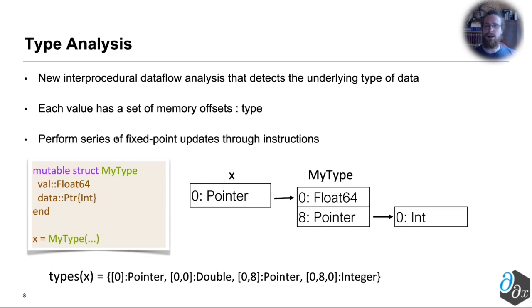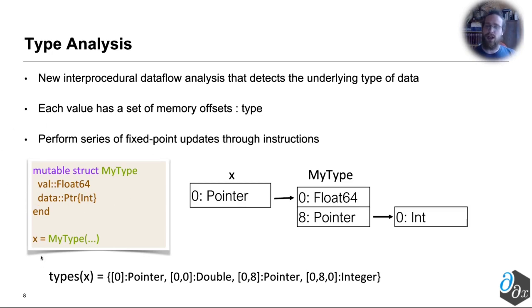So we will use abstract interpretation to establish a type through the program. Let's say we have a mutable struct, MyType, in Julia. It has a Float64 value and then a data field, which is a raw pointer in this example.